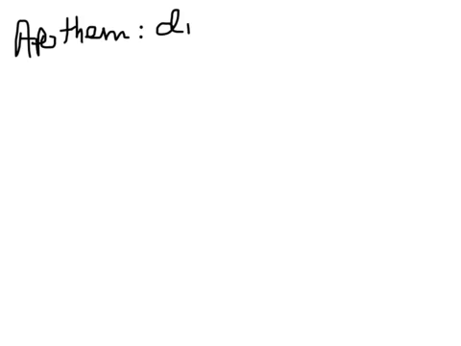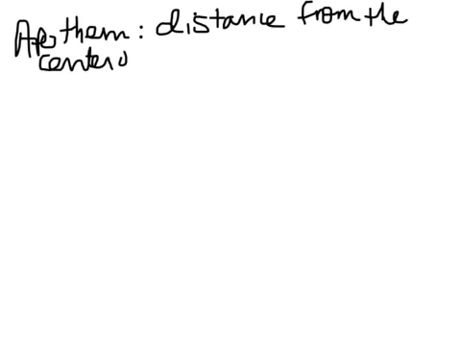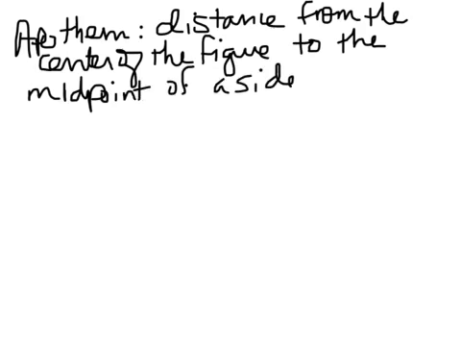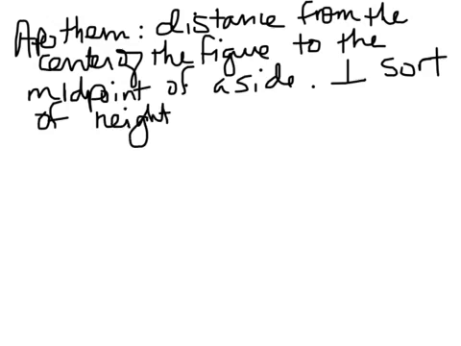It's the distance from the center of the figure to the midpoint of a side. It's a perpendicular sort of height. It's always perpendicular. It's not the whole height, though. It's the height from the center to the side, okay? And it always cuts it in half.